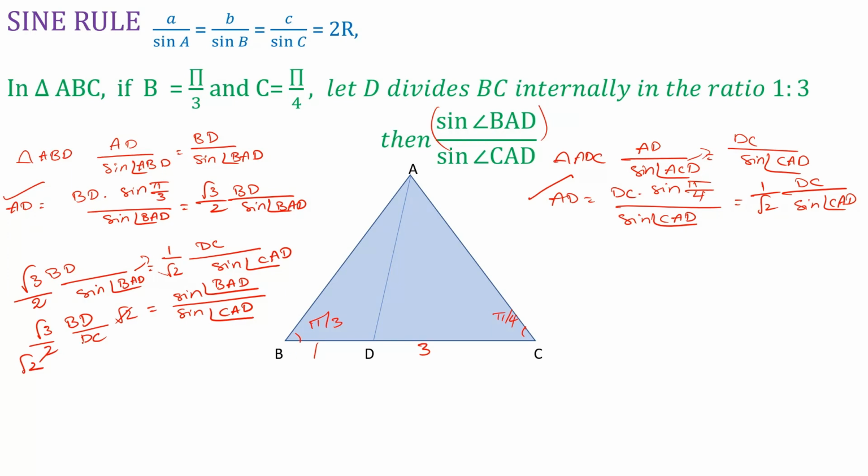The ratio is given to be 1:3, so this can be written as 1 upon 3, and this is equal to sine angle BAD upon sine angle CAD. Now, here 1 upon root 2 into root 3 is 1 upon root 6. That is the result here. This is equal to 1 upon root 6.